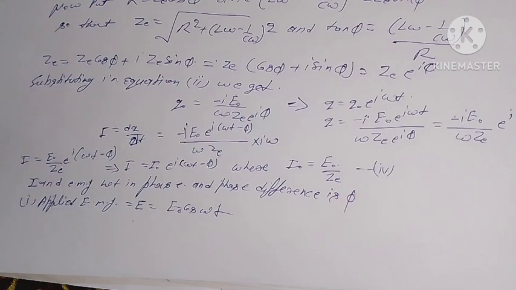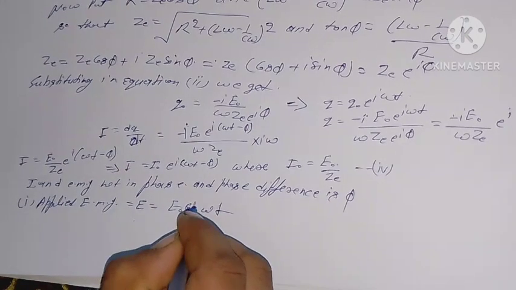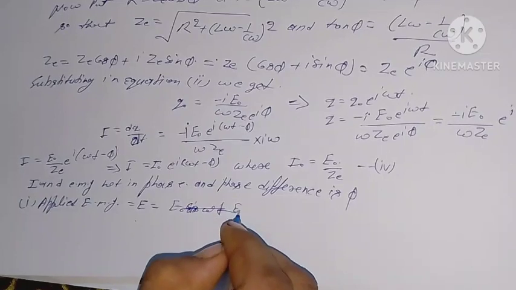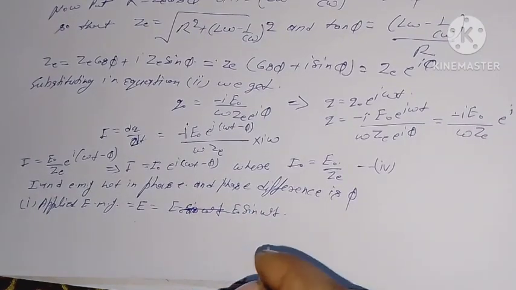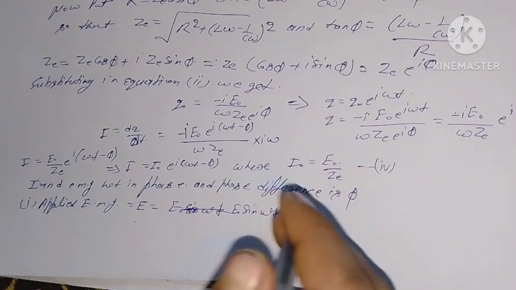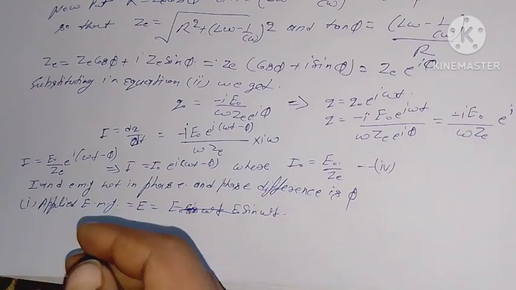When the applied EMF equals E naught sin omega t, it is a part of equation number 5.